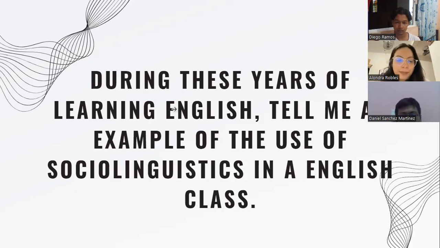So I think that it could be a way to understand this sociolinguistic use applied in an English class, because we haven't learned too much about Australia, New Zealand, Ireland, England.